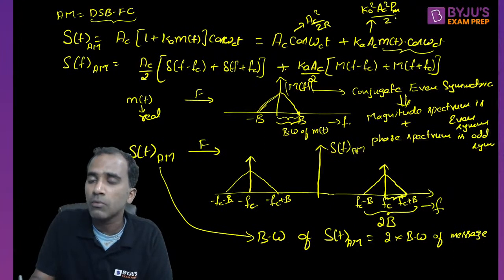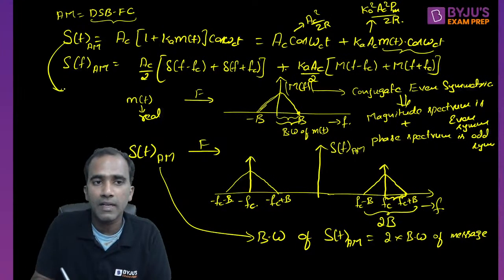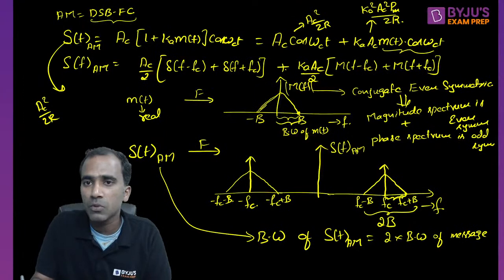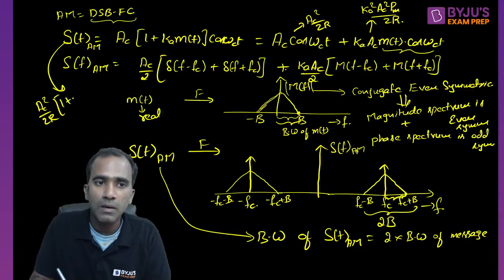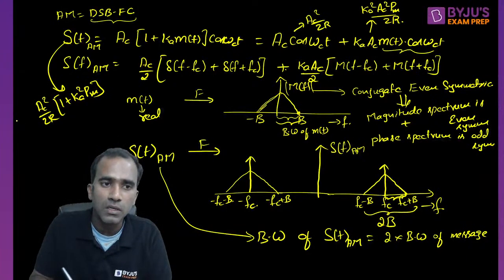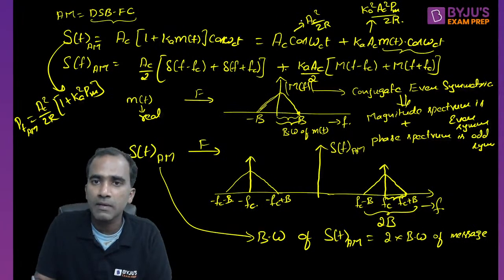If they're talking about the resistance of the antenna being R, you can write it as 2R. So total power in the AM signal is AC square by 2R, which is common in both terms, times 1 plus K square into PM. That is the power in the AM signal. And only in the carrier, the power is AC square by 2R.